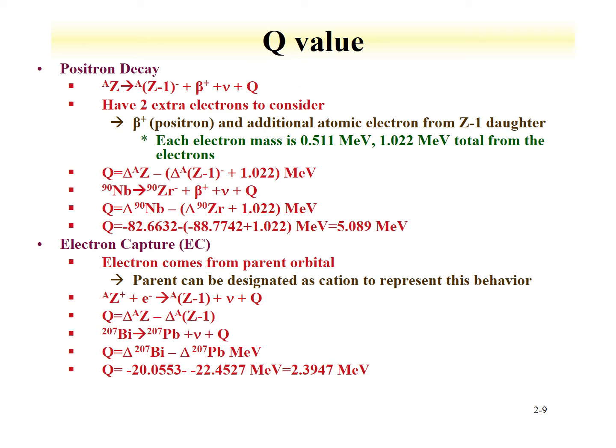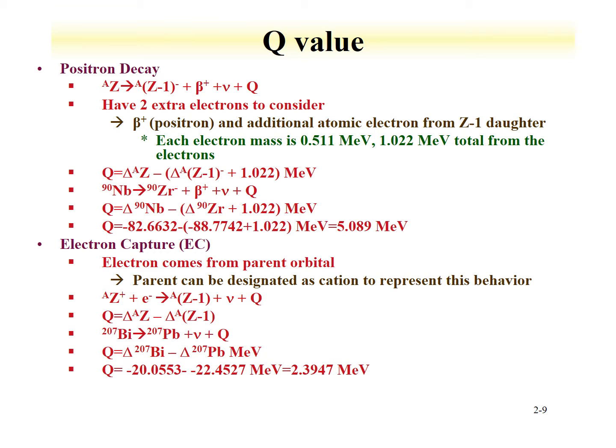Now, fundamentally, we have 2 extra electrons to consider. I have this atom that decays. I've taken a proton and converted it to a neutron, so this atom has an excess electron. This positron that comes out, we'll also treat as an electron. So we have 2 extra electrons to consider: the positron, and an additional electron from the daughter.